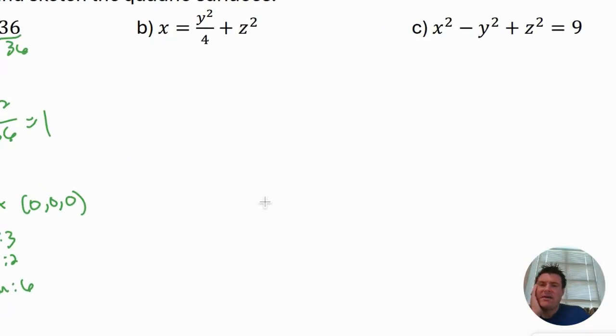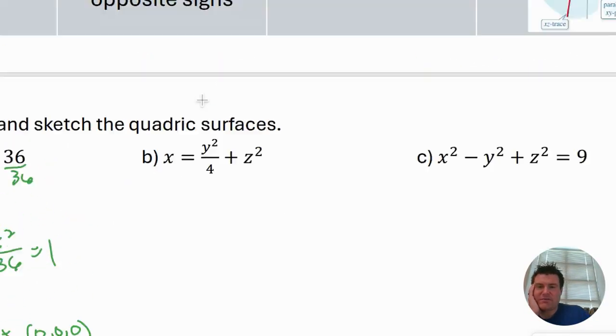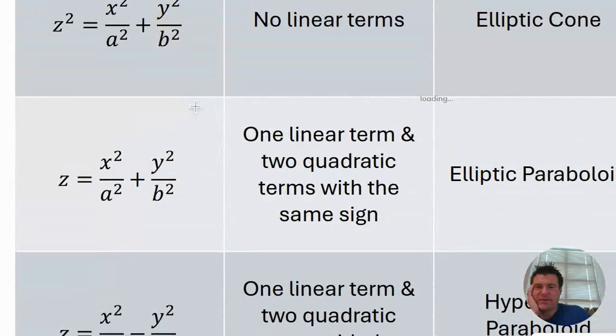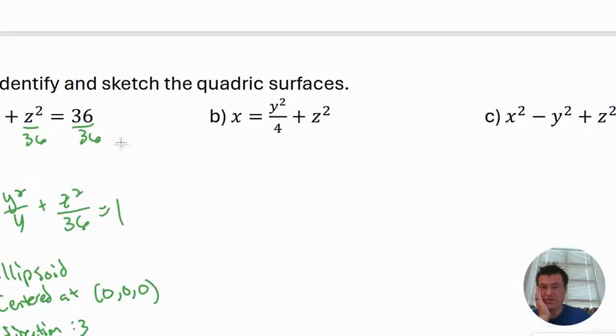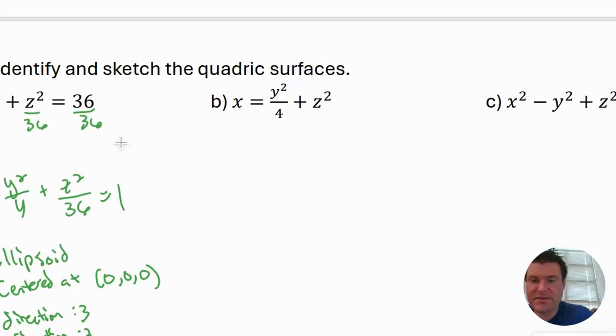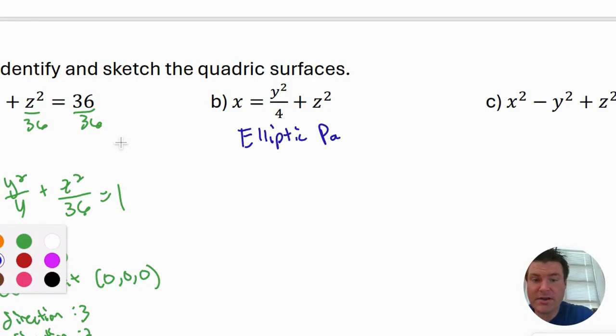On this one, we have a linear term and then two squared terms. So it's going to look like this one right here because they're adding. So this is an elliptic paraboloid. This one, instead of being z equals, so this opening up in the z direction, is going to open up in the x direction. So I'll do a different color. Elliptic paraboloid.